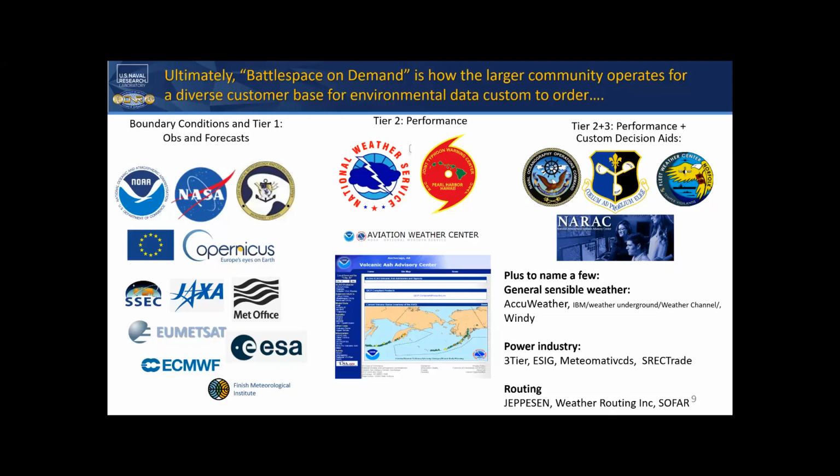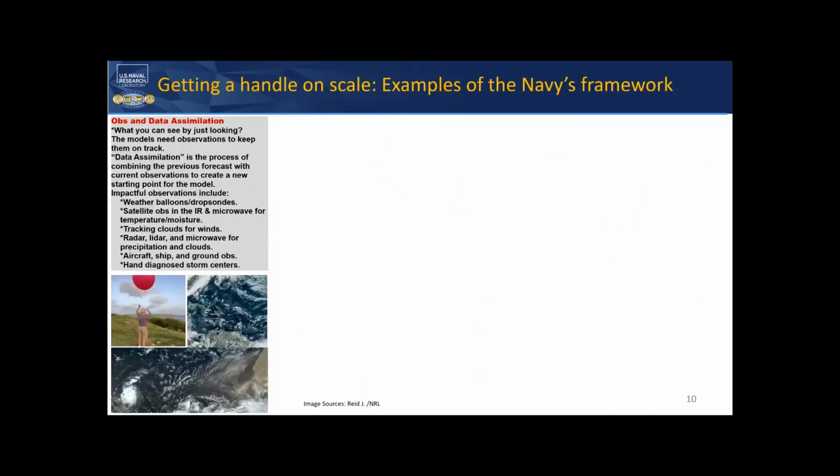You can deploy it, and it has an Iridium phone to broadcast the data. Sofar takes the data and also uses it in their own models to help with ship routing. So there's this integrated stream of data all the way from observations up to your custom decision aid.